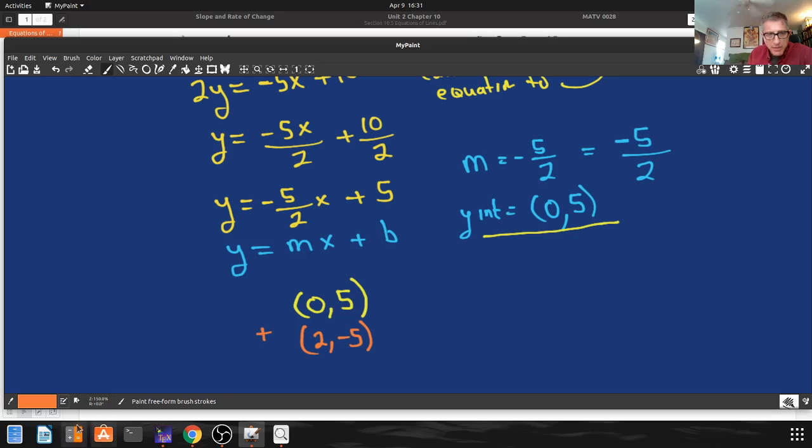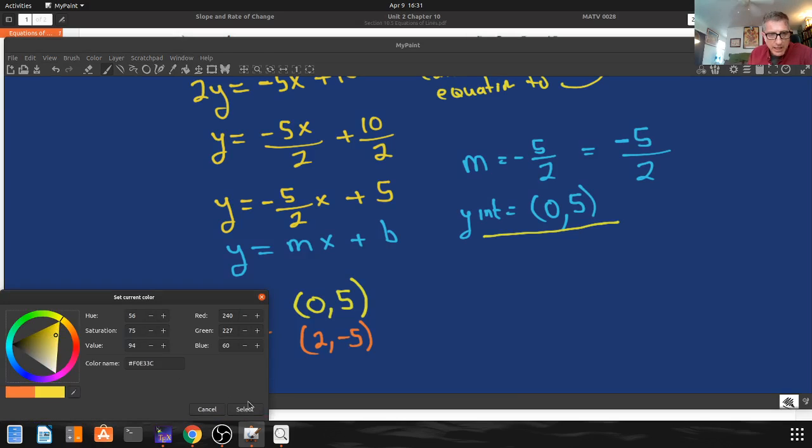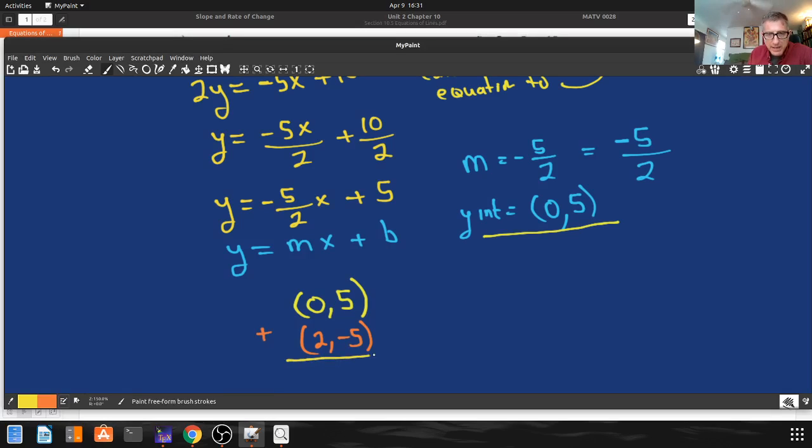We're going to add those, and the result is another point that's on the line. So 0 plus 2 is 2, and 5 plus minus 5 is 0. So a second point is 2 and 0. Let's go ahead and plot those.